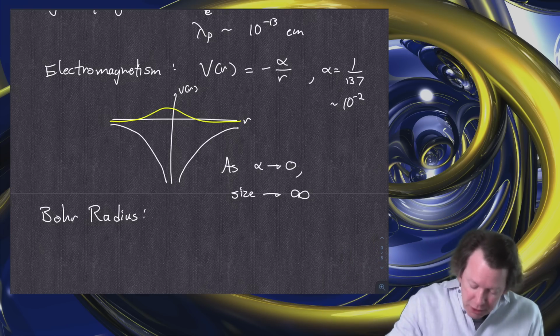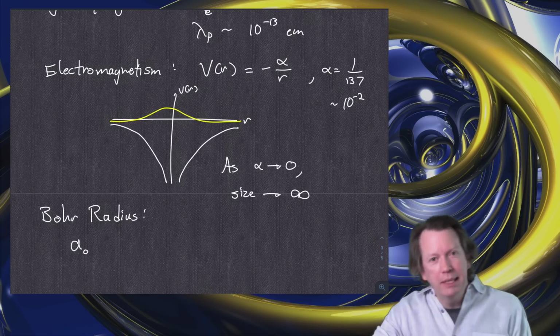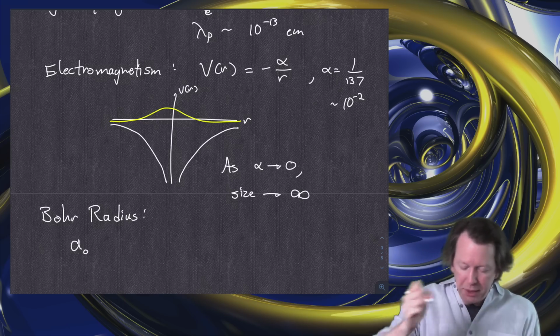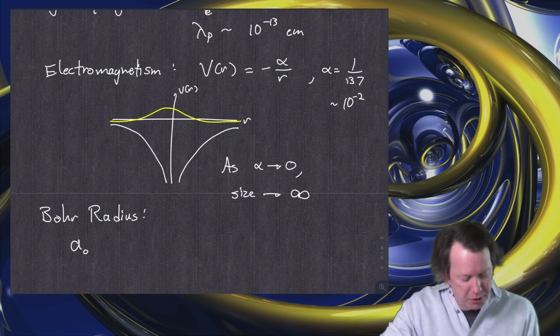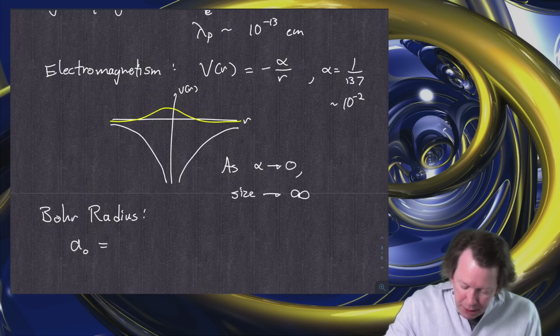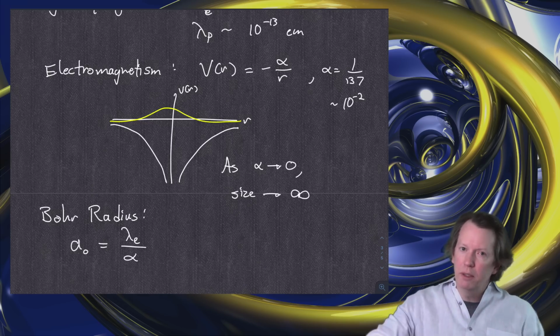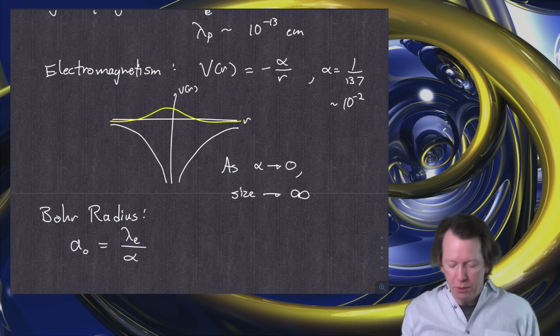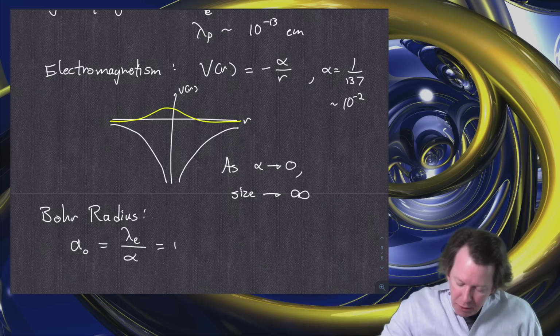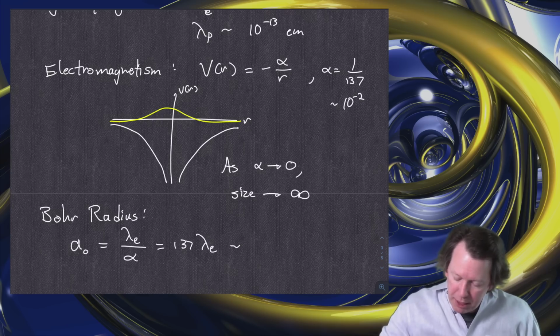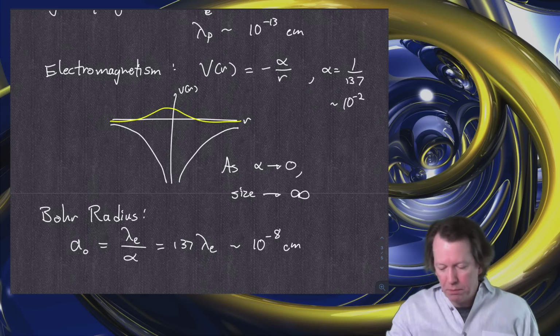The Bohr radius, which is traditionally called A0, which is a terrible thing to call it, but there are other things called R and B and so forth, turns out to be the Compton wavelength of the electron divided by alpha. Because as alpha goes to 0, the radius should get bigger, so divided by alpha. So that's 137 times the Compton wavelength, which works out to be about 10 to the minus 8th centimeters.